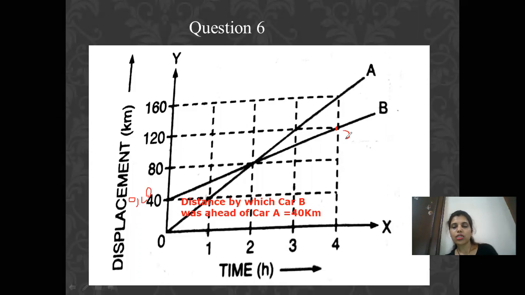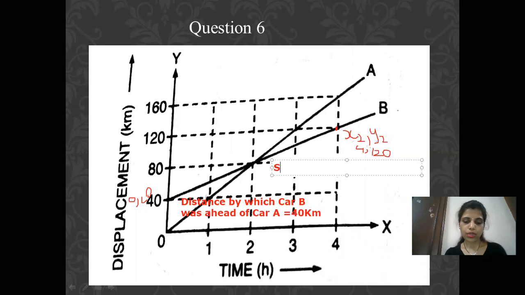So x2 comma y2 is 4 comma 120. Now here I'll be finding the slope using that formula.